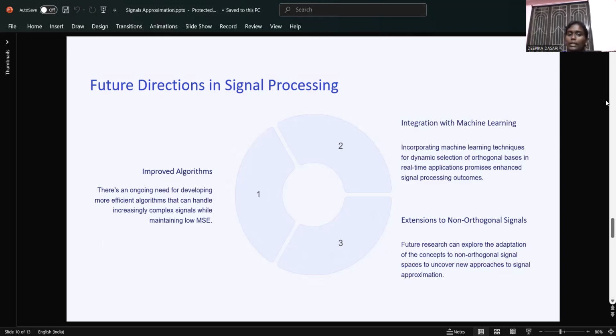And also, we can see further development in integration with machine learning, which means incorporating machine learning techniques for dynamic selection of orthogonal bases in real-time applications promises enhanced signal processing outcomes. And extensions to non-orthogonal signals: future research can explore the adaptation of the concepts to non-orthogonal signal spaces to uncover new approaches to signal approximation.